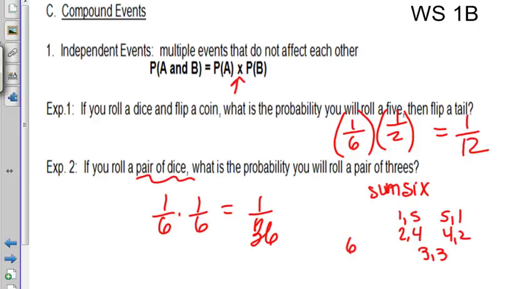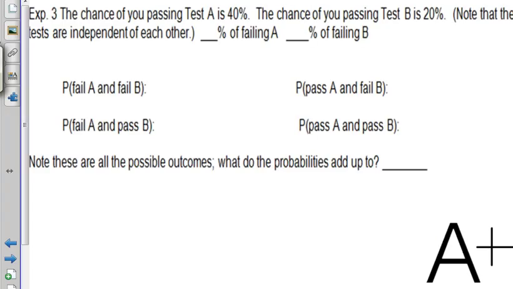That's 5 different ways that it could happen out of 36 ways that 2 dice can land, because there's 6 ways this one can land and 6 ways this one can land. So that's a product of 36 different ways. We could list the sample space. I probably have it on a slide somewhere.